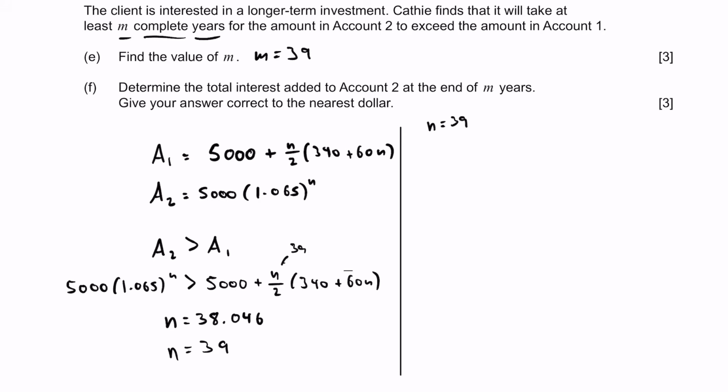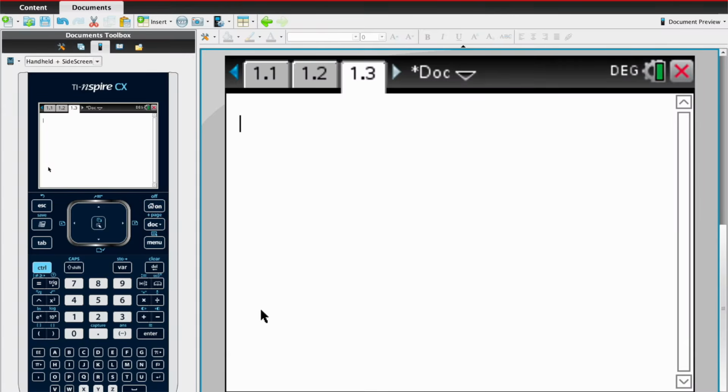So final value after 39 years is equal to 5,000 multiplied by 1.065 raised to the power of 39. So this is after 39 years. So let's go to the calculator and work this out. So 5,000 times 1.065 raised to the power of 39.